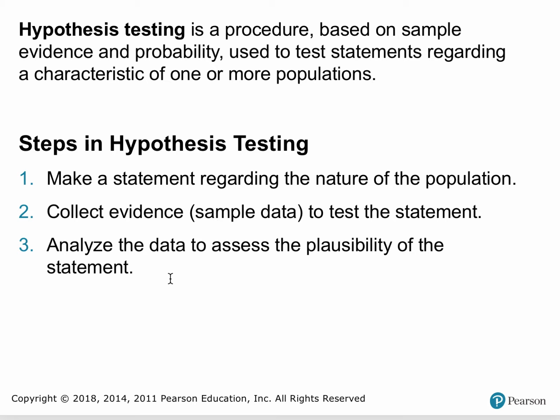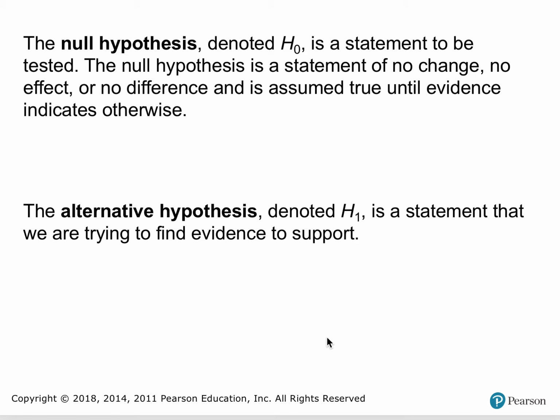We can only determine whether the sample data support the statement or not. Okay? In fact, because the statement can be either true or false, hypothesis testing is based on 2 types of hypotheses: the null hypothesis and the alternative hypothesis.